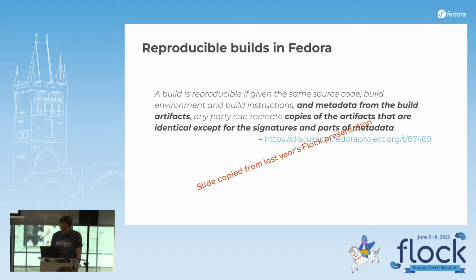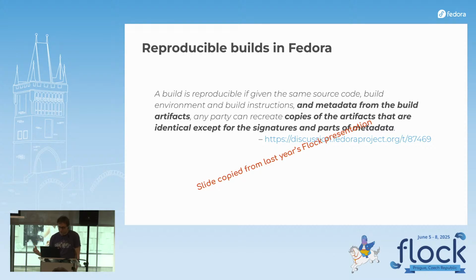And the other part is that the build environment does a lot of work in this definition, because if I give you a source RPM or a source deb to rebuild it, you need to know the full state of the build root environment that you would get if you started the build. Is it part of the build environment?